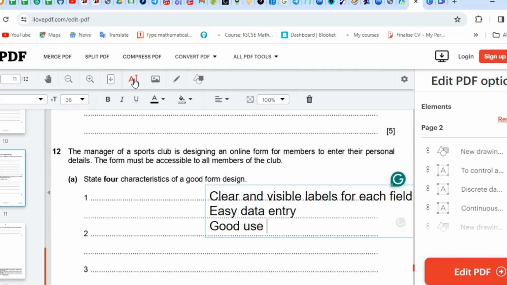We are told to list 4, all right? And we have 3 already. Then the last one, use of sensible error messages.